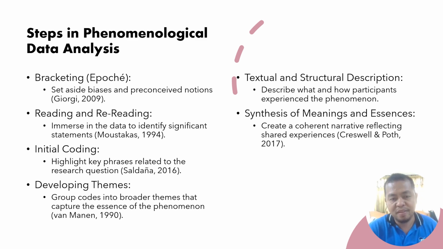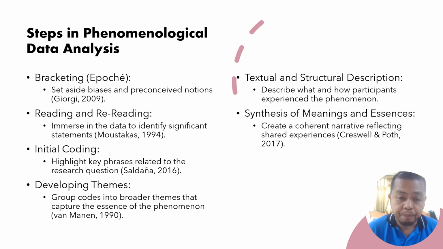Easy to say, but it's really hard to do, because this is a very tedious kind of data analysis. Even the reading and rereading, the second step, is already very tedious. Knowing that you have voluminous data, you might be overwhelmed by it, and even bracketing, by identifying your biases, could not be done overnight.